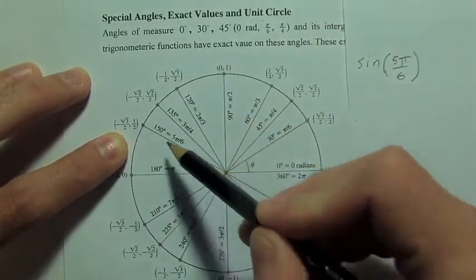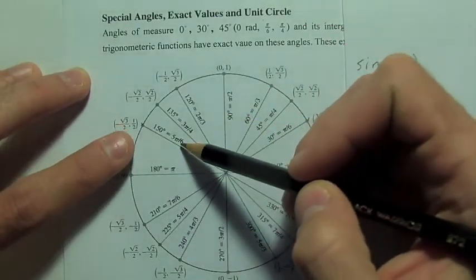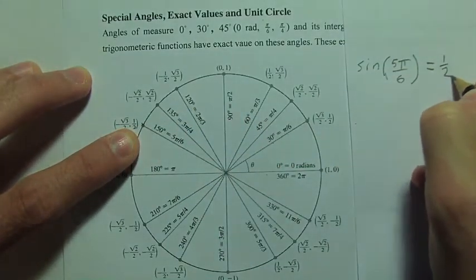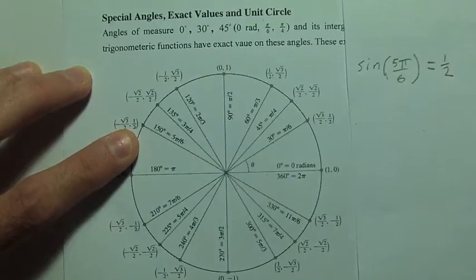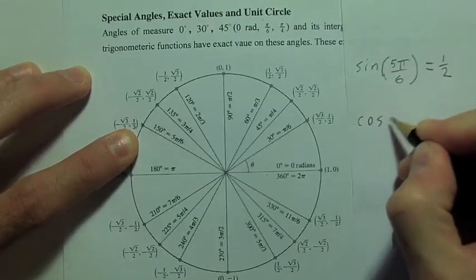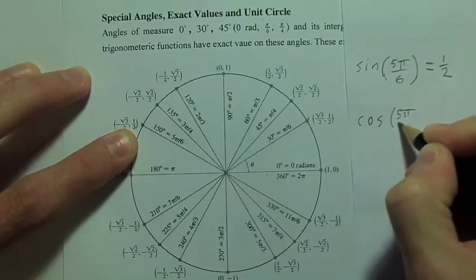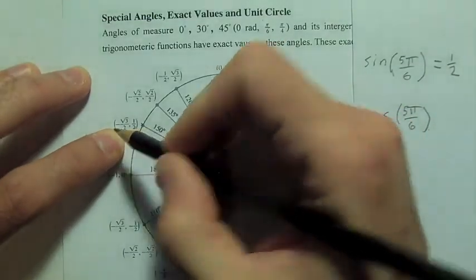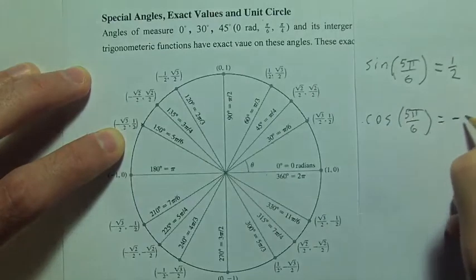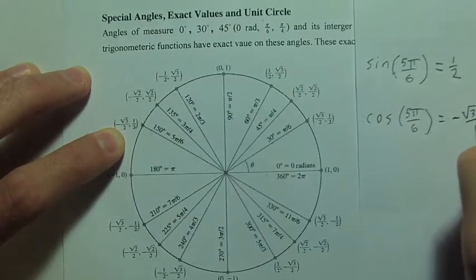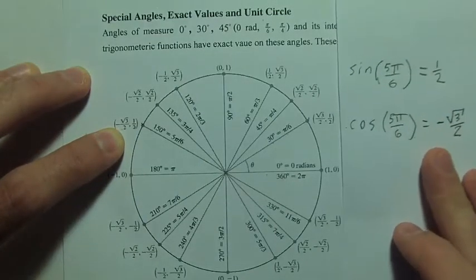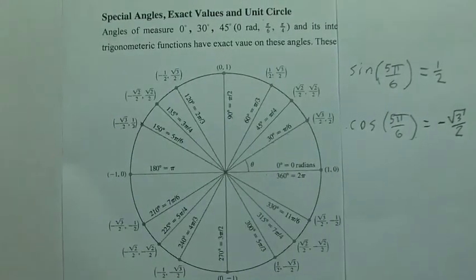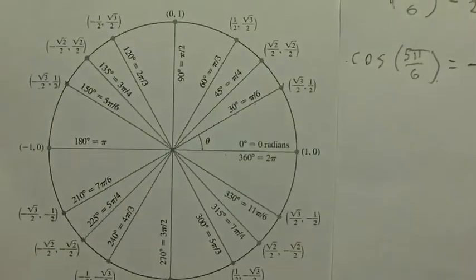So sine of 5 pi over 6 is going to be 1/2. Whereas cosine of 5 pi over 6, we're going to look at the x-coordinate, which is negative square root of 3 over 2.